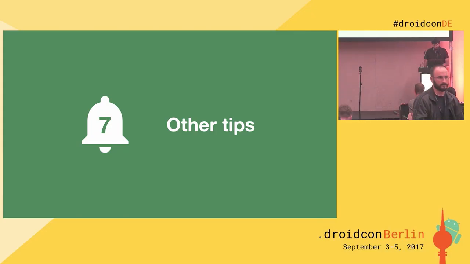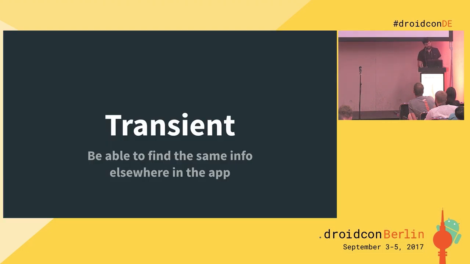Okay, so we still have some time, so I will go through some other tips I could provide. The first one is, don't forget that a notification is transient, meaning that if your user loses it, he needs to be able to find the same information somewhere in your app. It may look silly, but sometimes I find applications where the information is only available in the notification, and I can't find it anywhere else in the app.